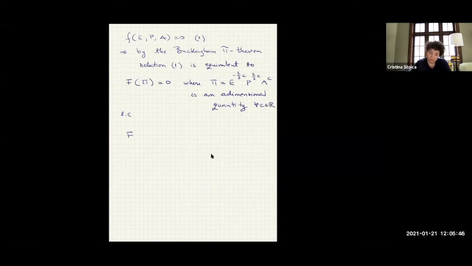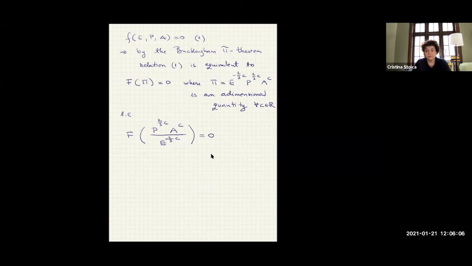So in other words, now I'm going to do some algebra: f of P at 2/3 c, A at c over E at 2/3 c equals 0, right?